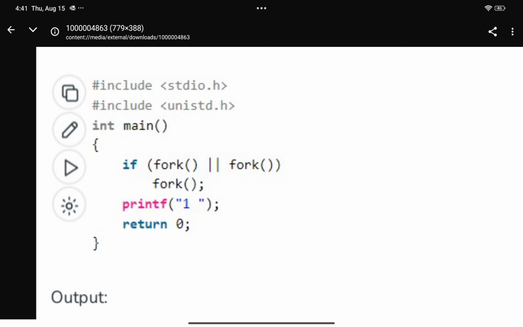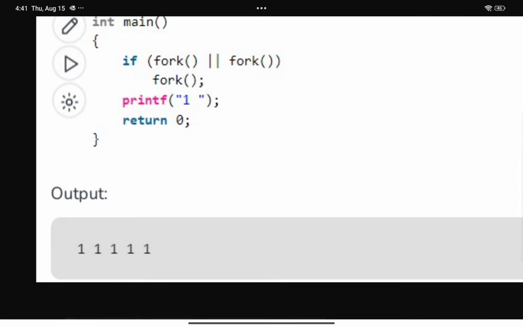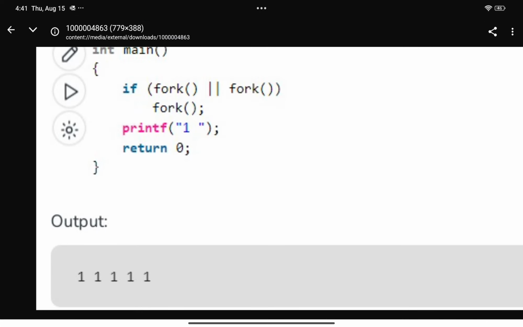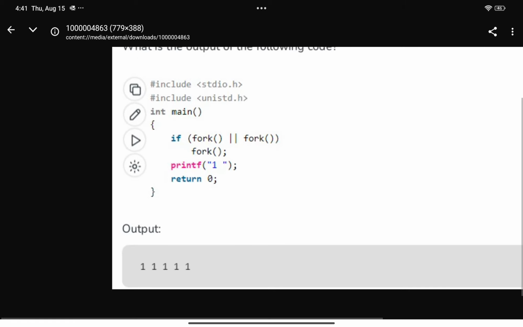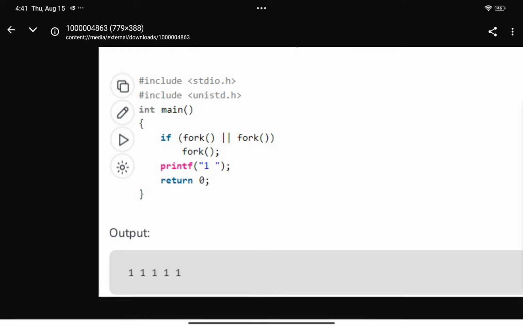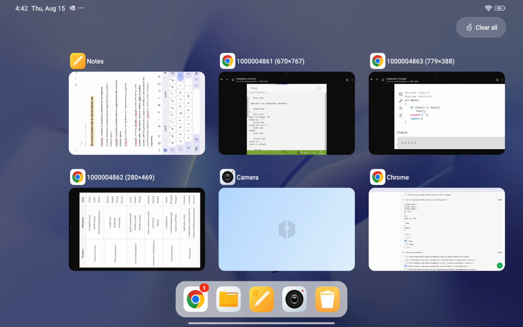Then 1 will print, again 1 0, then 0 1, again fork will execute. So in total it will execute 5 times, 1 2 3 4 5, because of 1 0, 0 1, 1 1. If you are able to understand this program, it is very easy to understand fork.